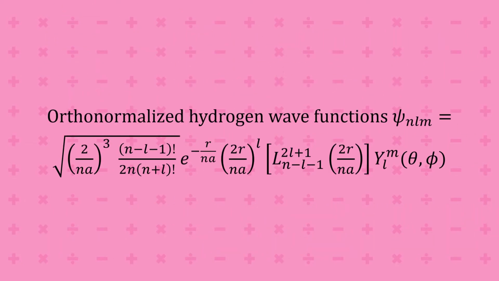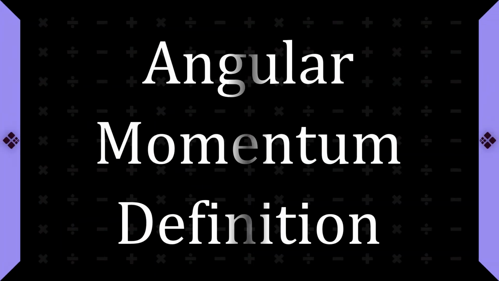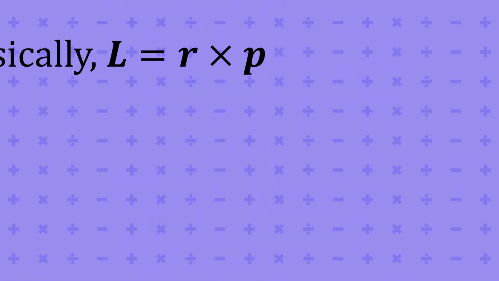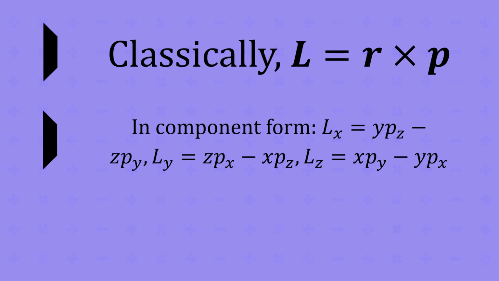For a given n, the possible values of L are L from 0 to n minus 1. For each L, there are 2L plus 1 possible values of m, so the total degeneracy of the energy level En is equal to n squared. The orthonormalized hydrogen wave functions are given by this expression here.